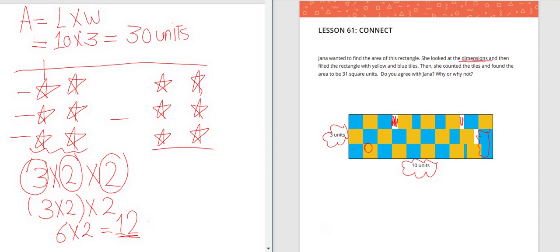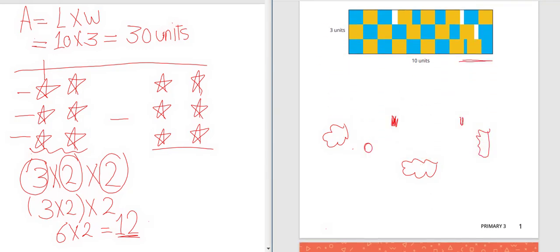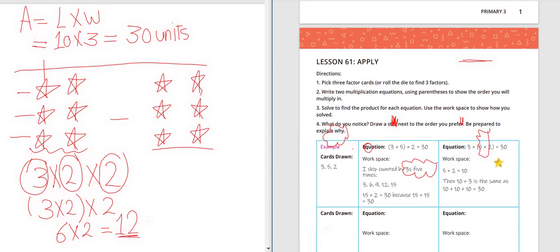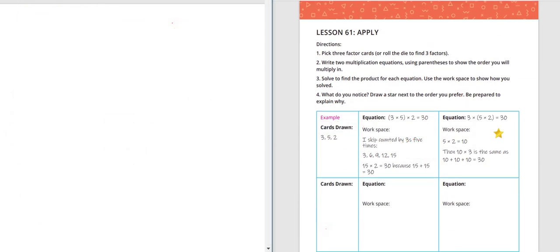So go to the book, page 2, and read the exercise. Before reading the exercise, we should remember that the associative property is a property of multiplication when we multiply three factors.